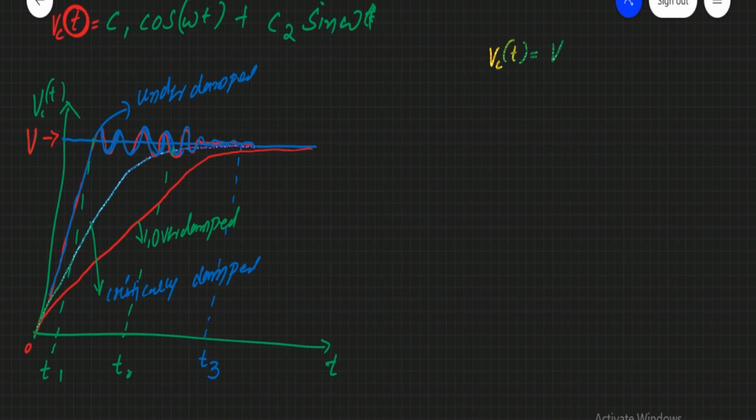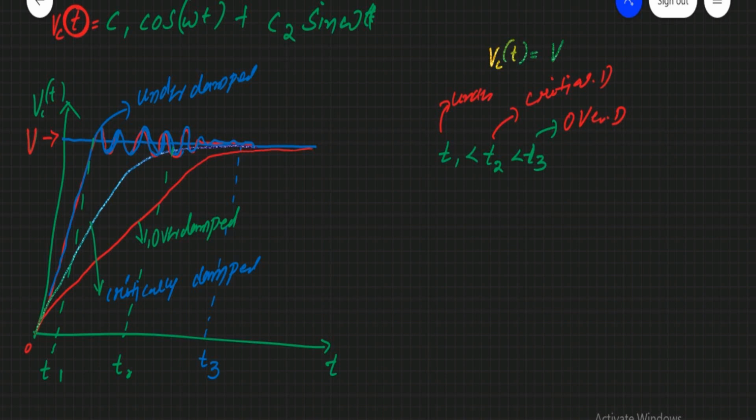So here t1 is less than t2 is less than t3. t3 is related to overdamped, t2 is the time related to critical damped, and t1 is related to underdamped. In the overdamped it is taking more time to reach the steady state value as compared to critical damped and underdamped.